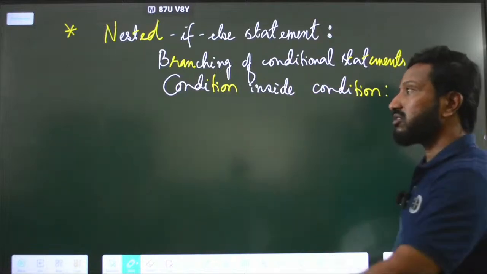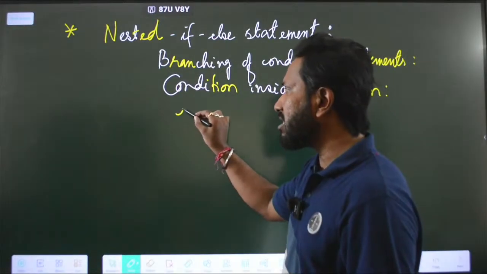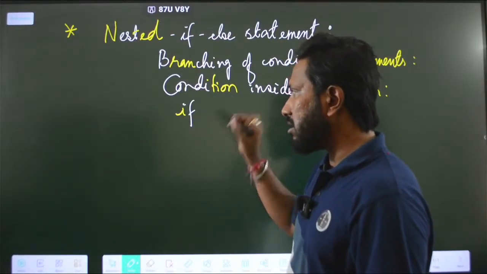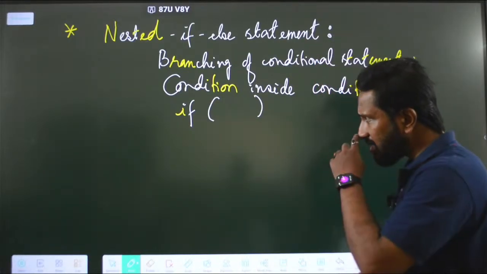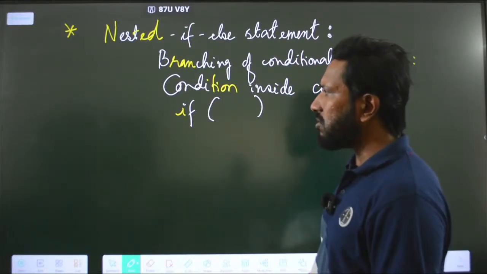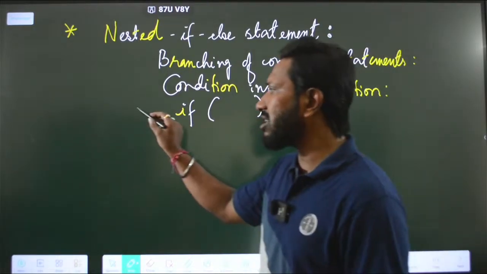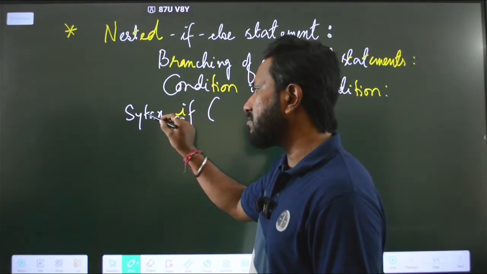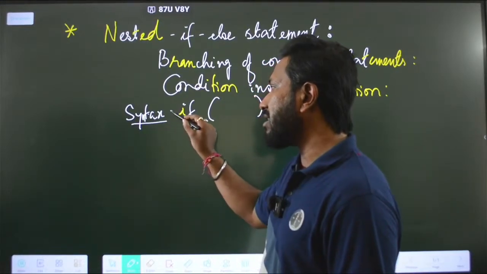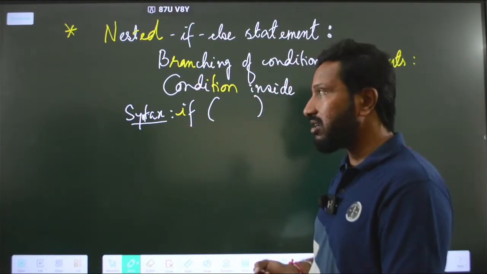Okay, if you talk about the syntax, it can be something like this. Say I have an if condition, this condition, and here, okay, let's do one thing. Before even talking about the syntax, let us take an example so that you can actually analyze what I am talking about. So let's take an example.